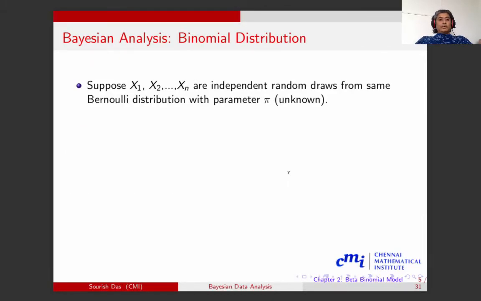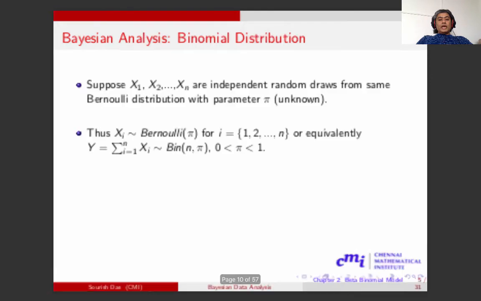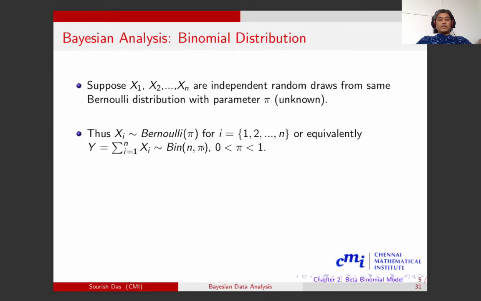Now we will introduce the Bayesian analysis for the binomial distribution. Suppose x1, x2, ..., xn are independent random draws from the same Bernoulli distribution with unknown parameter pi. Now pi is the unknown parameter, typically a proportion. So please don't mix it up: pi is not the universal constant pi. Here I am using the Greek letter pi to mean proportion.